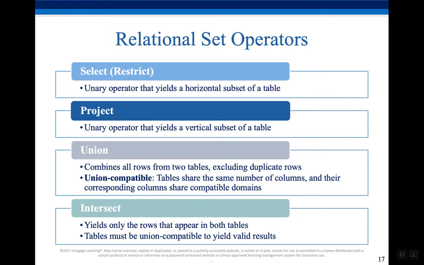You can go through a table and identify and create a subset of the table. Or you can combine two tables together, a union, where you combine the results of one table with another table, keeping all the unique values. Or we can have an intersection, basically everything where two fields match between two different tables.